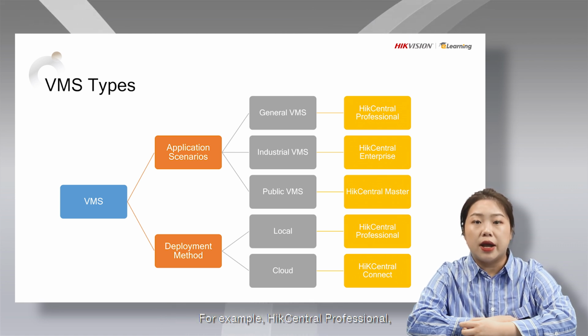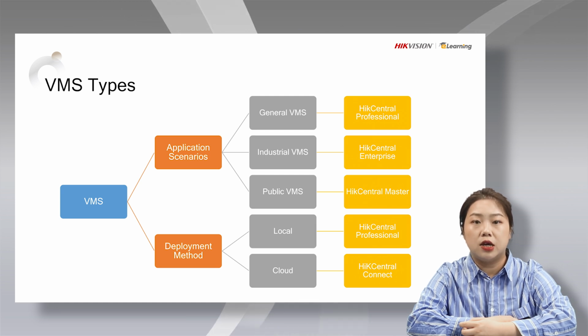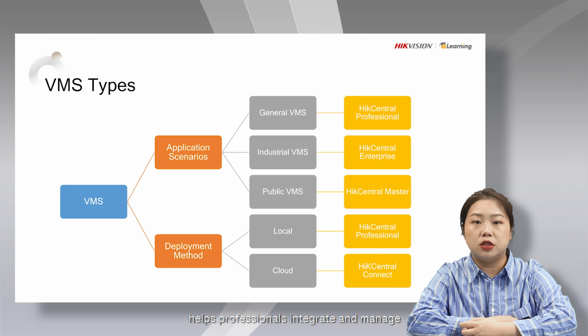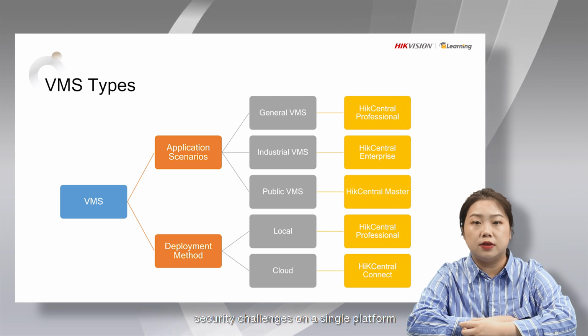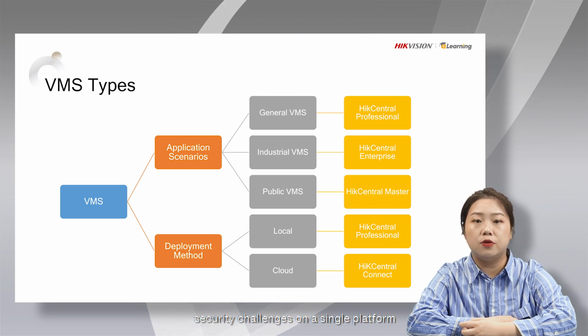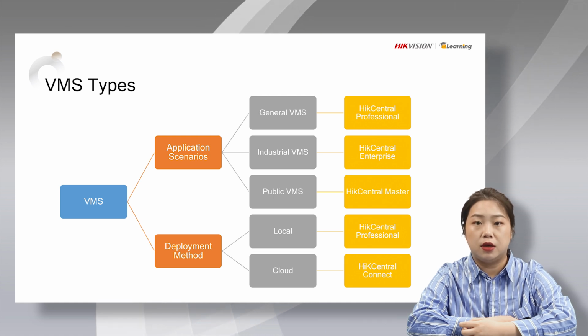For example, HackCentral Professional, Hackvision's security management software, helps professionals integrate and manage security systems. It is able to meet a variety of security challenges on a single platform for business and industry applications.